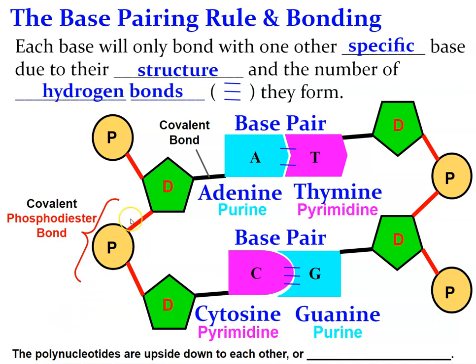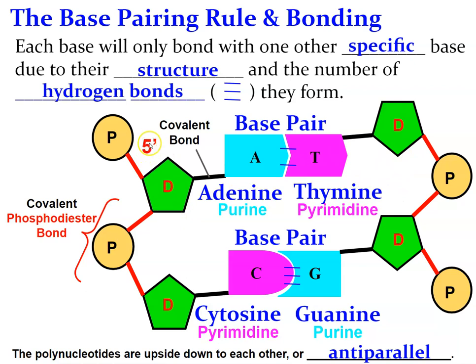Also notice that these polynucleotides are upside down to each other. That's known as being anti-parallel. The two polynucleotides that make up the double helix are anti-parallel to each other. They're upside down relative to each other.